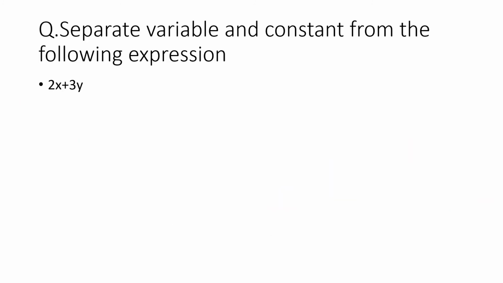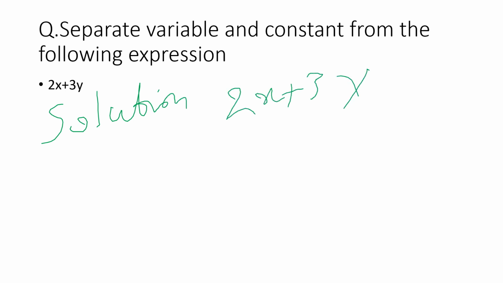This is our next part, and we have to find the variables and constants from the equation. So let us solve it: 2x plus 3y, and we have to separate the variables and constants. I can write the constants as 2, 3, and the variables as x, y, while plus is the operation. We have to find the variables.